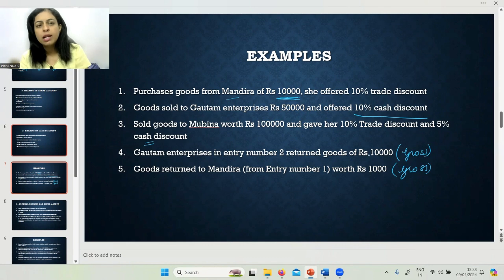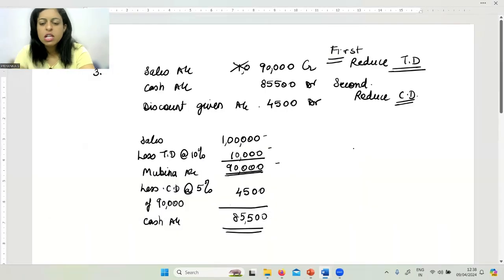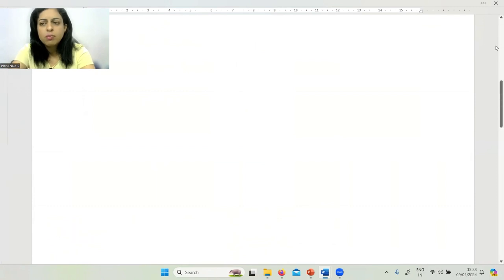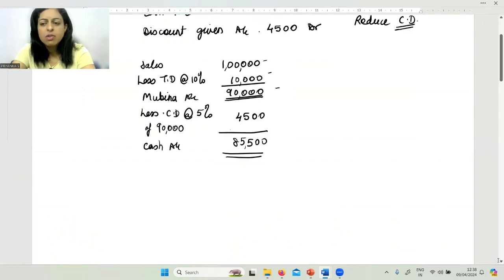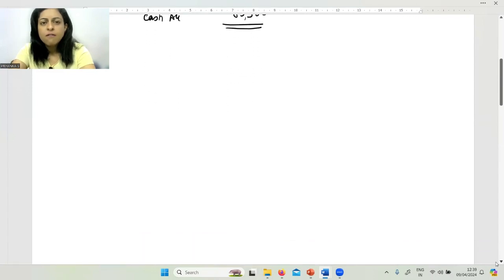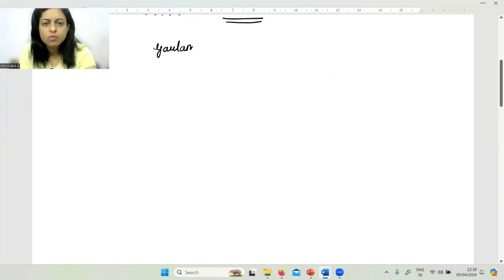We can't pay them the entire 10,000. Otherwise, it will be a loss for us. So, if they are returning goods worth 10,000, we will first reduce this 10% discount and then give them back. Now, how to write it? First, let us understand how this transaction will have the accounts and everything, and then we will proceed to writing it in the journal. Okay. First, understand that Gautam Enterprises has returned goods.